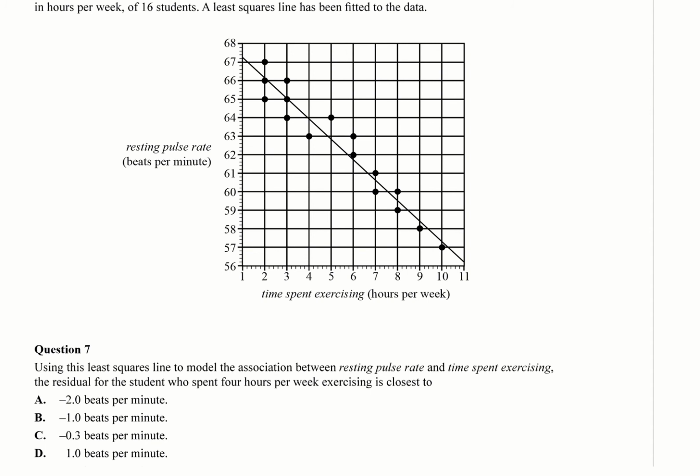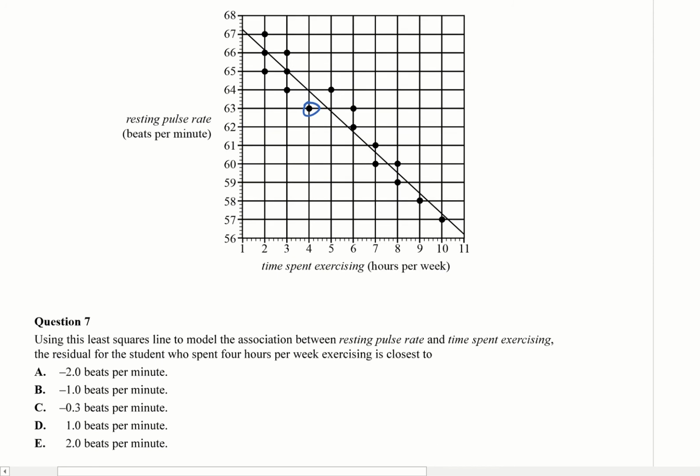So what we've got to look at here is, first part is when was it 4 hours per week. So it's this bit of data here, this one here, okay? And it's below the line. So when we do a residual, remember it's going to be this value here, this value there, minus the actual.